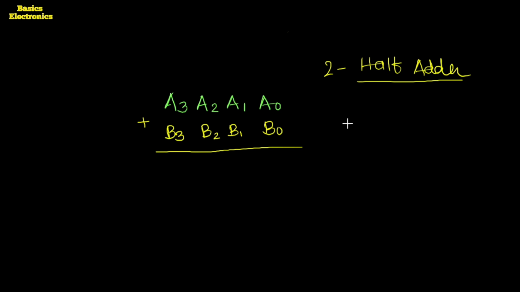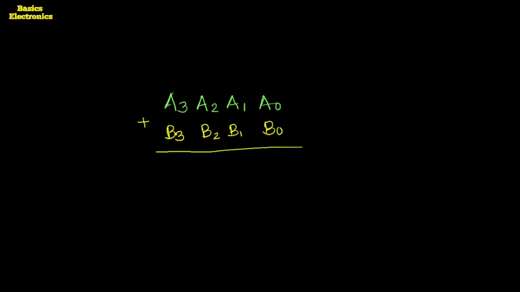One more adder we had seen is the full adder, and this full adder performs the addition of three binary bits. So these two circuits we can use for the construction of the 4-bit binary adder, or for the construction of a binary adder.